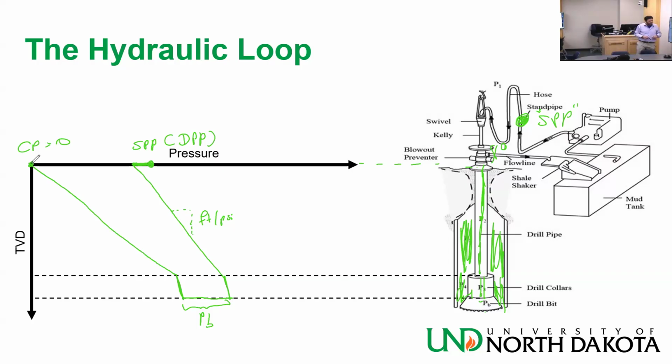By the way, this slope and this slope are not the same. It depends on the clearance that you have here, the gap, and the inside of the drill collars. In general, there would be a change of slope.